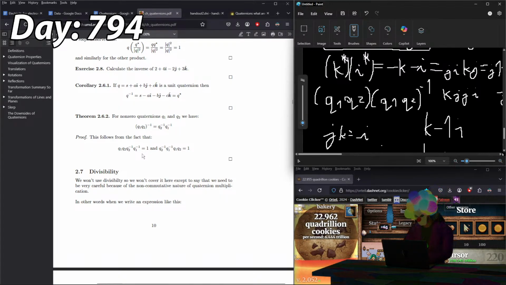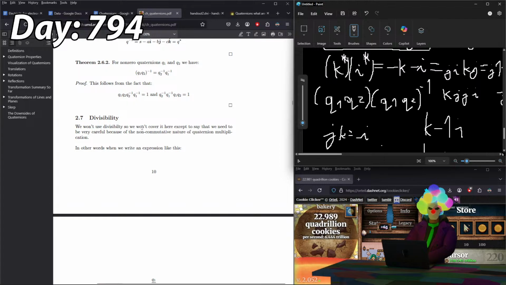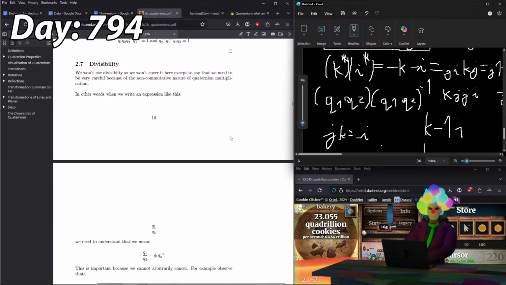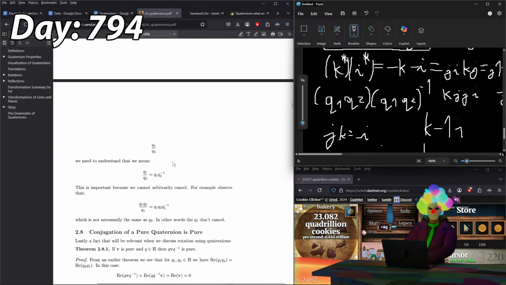Okay. I'm with you. We won't use the invertibility, so we won't cover it here, except to say that we need to be very careful because of the non-commutative nature of quaternion multiplication. That's why I didn't want to divide by both sides earlier on. That's why it was terrifying, because I knew it would have been off. When we write an expression like this, we need to understand what that means. Oh, the inverse.